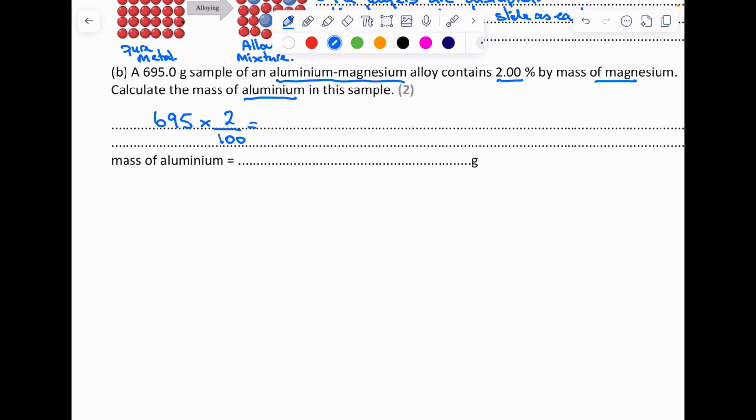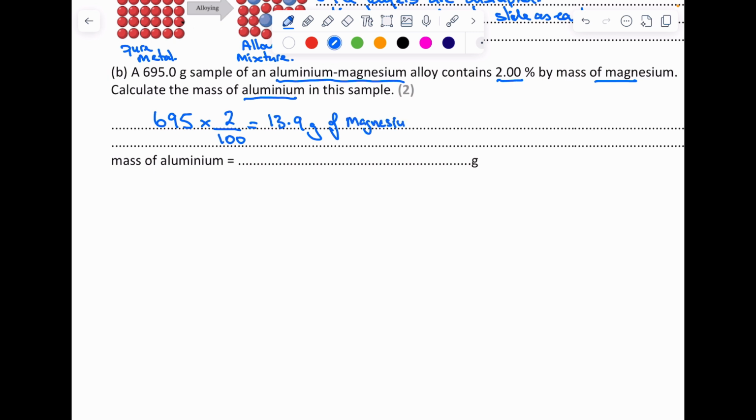So if I do it on my calculator now, 695 times 2 and then divide by 100, I'm getting 13.9, and that's grams, and that is of magnesium.